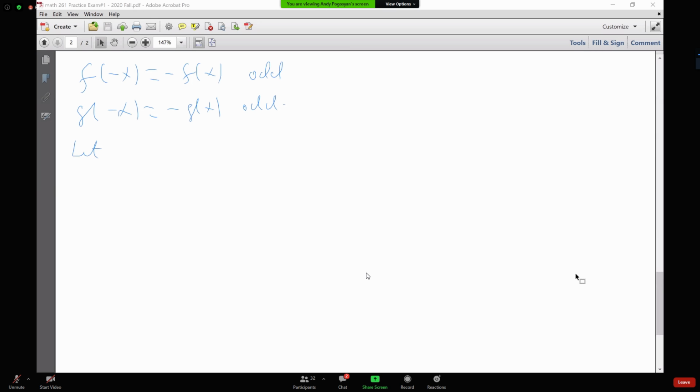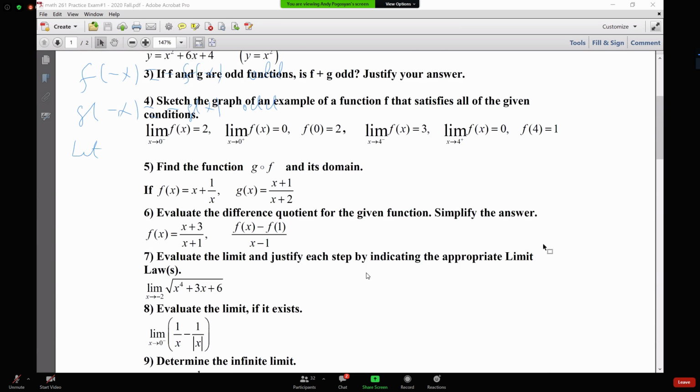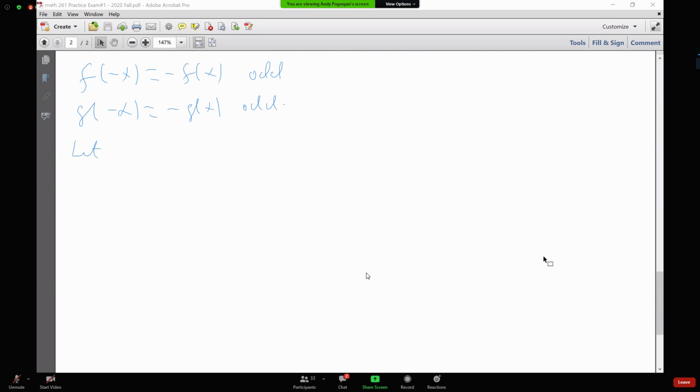What was the question? Is the sum odd? Okay. So we construct a new function, h of x equals f of x plus g of x.